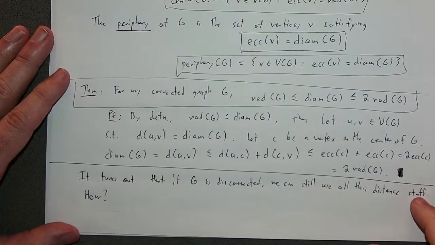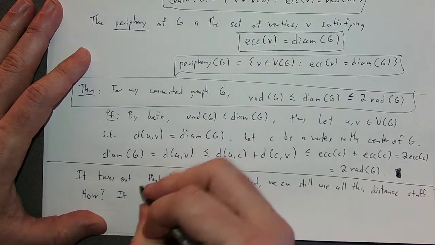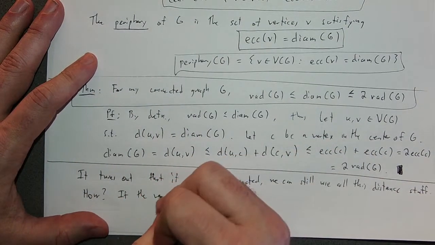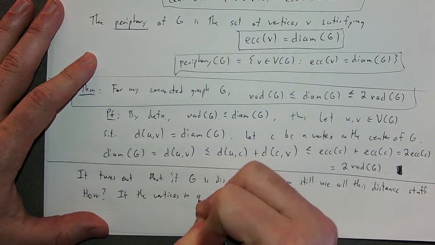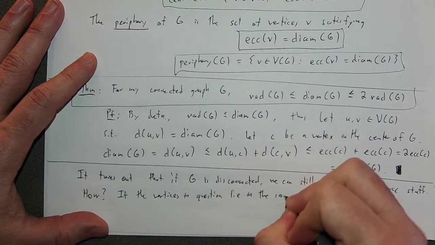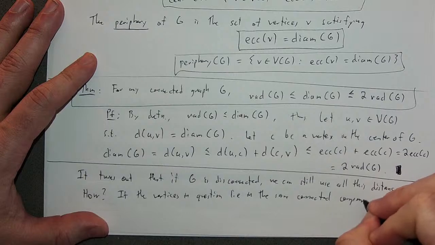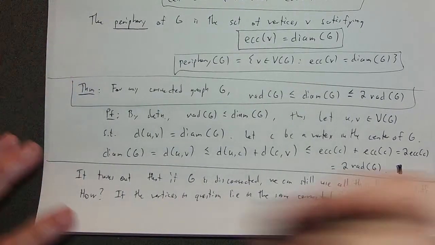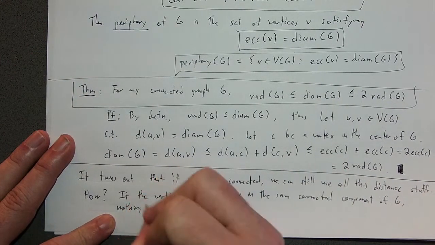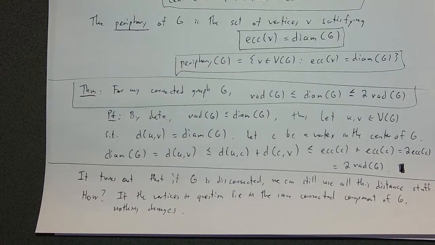Well, if the vertices in question lie in the same connected component of G, nothing changes, right? Because that component is itself connected. So if all the vertices I'm taking are only in one connected component, I'm fine.